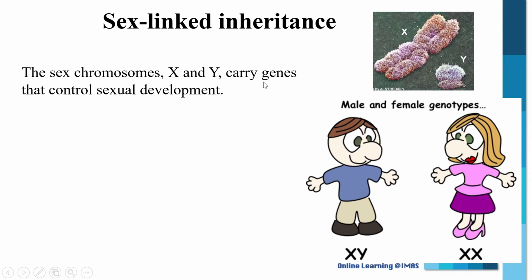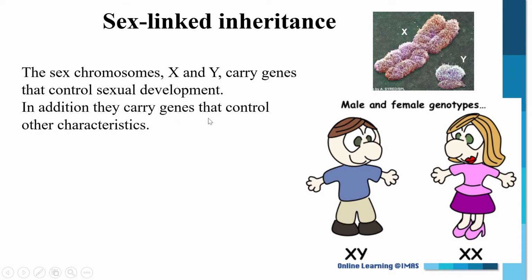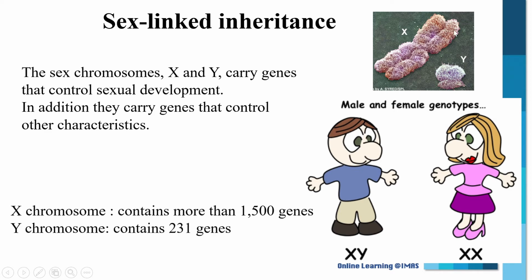The sex chromosomes carry genes that control sexual development, and they also carry other genes that control other characteristics. For example, chromosome X contains up to 1,500 genes, and the Y chromosome contains 231 genes. But you can see chromosome X has a really huge number of genes.